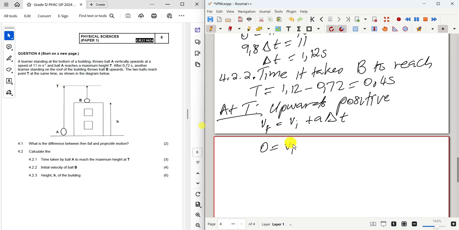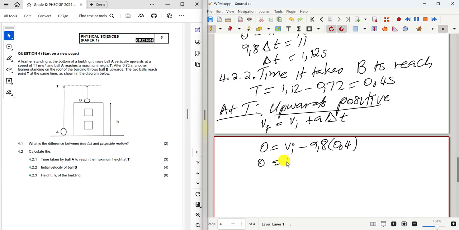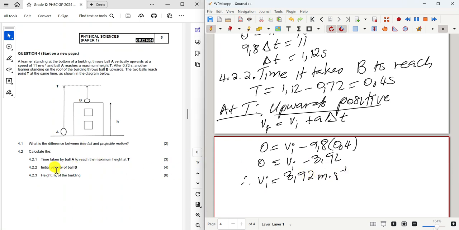The initial velocity we do not know. Acceleration is negative 9.8, because upwards is positive, and the time to reach maximum height was 0.4. So 0 equals V sub I minus 9.8 times 0.4. That is 3.92, so minus 3.92. Therefore, the initial velocity is positive 3.92 meters per second. The question says we must find the initial velocity.